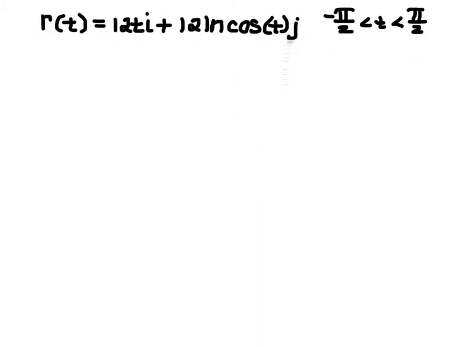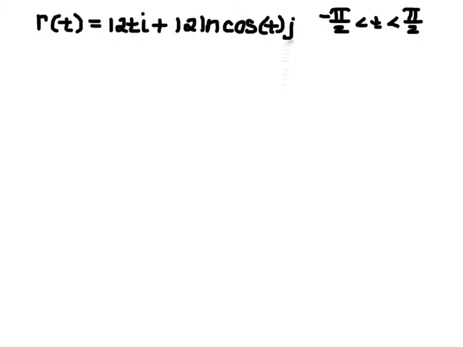And we found the velocity. We found that the velocity vector, v of t, is equal to 12 in the i direction minus 12 tangent t in the j direction. So let's move that up. There's our velocity.